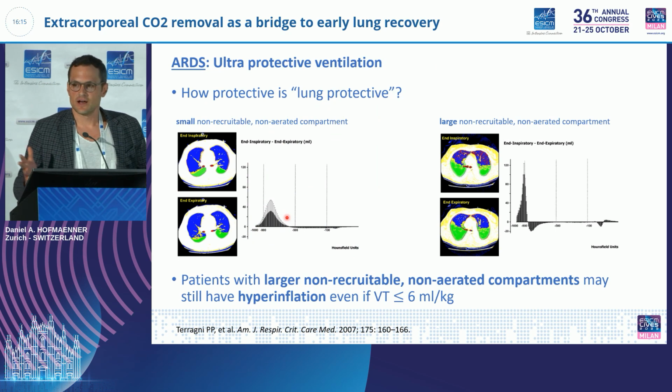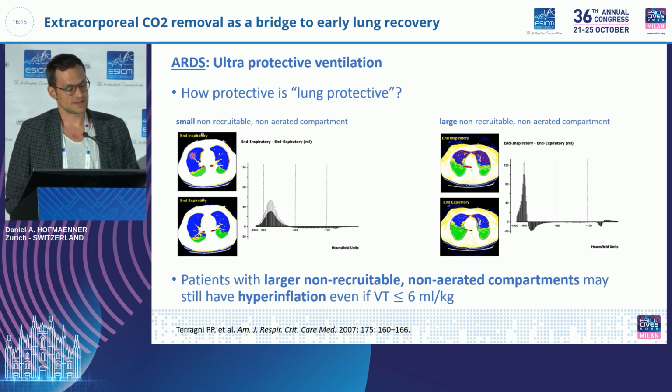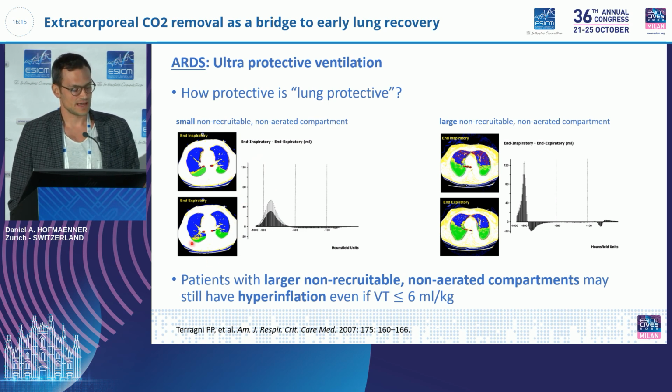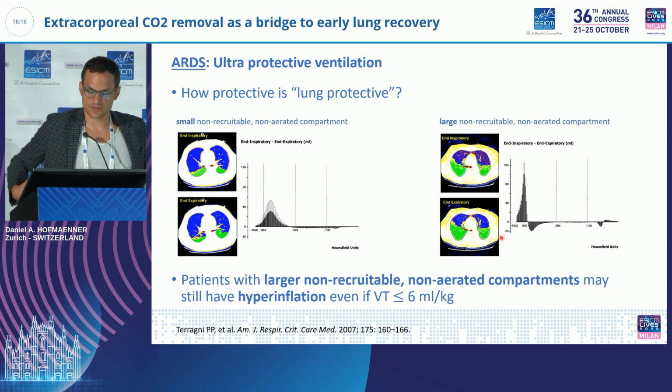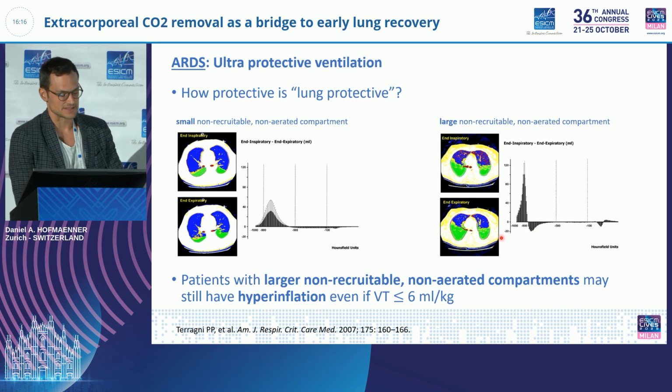You can reach those better or more physiologic values quite quickly. So what is lung protective ventilation? And this is a bit of a semantic question, but let me show you a patient on the left-hand side. This is an ARDS patient that has only small non-recruitable parts in the dorsal areas of the lung, whereas here you see huge consolidations, dorsobasal, and large non-recruitable areas.